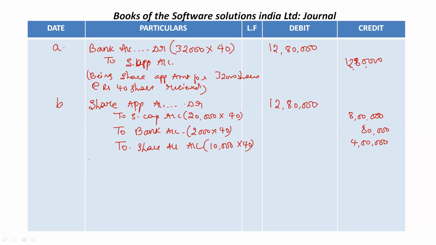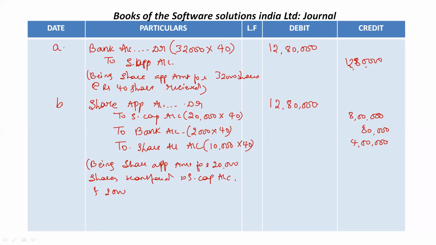You can write the narration: being share application amount for 20,000 shares transferred to share capital account, and 2,000 shares are rejected, and excess application amount is adjusted with allotment.